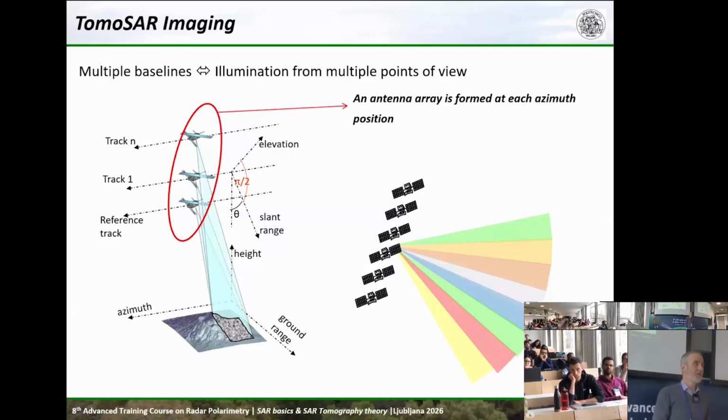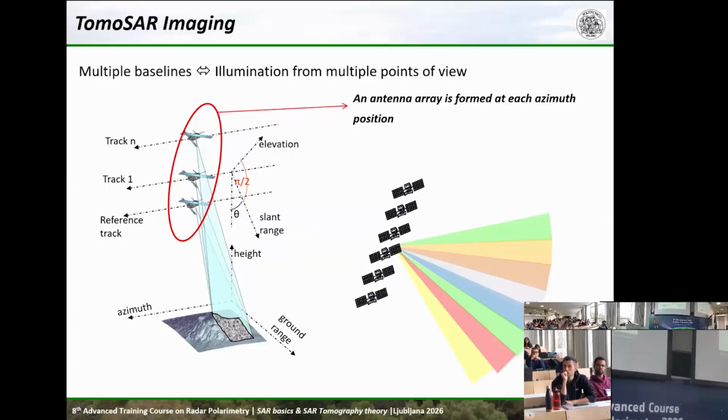What's it for? Well, I said it before, this scene is mostly 2D. So probably for this particular setup, 2D SAR would be enough. But let's say that I want to discriminate you from the beamer.